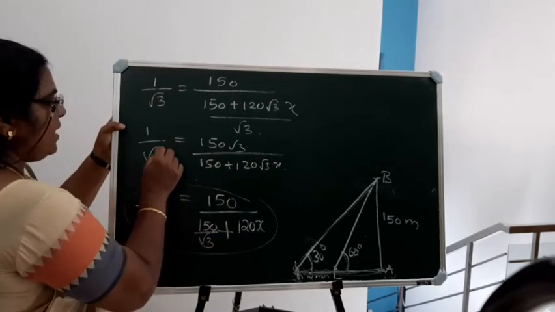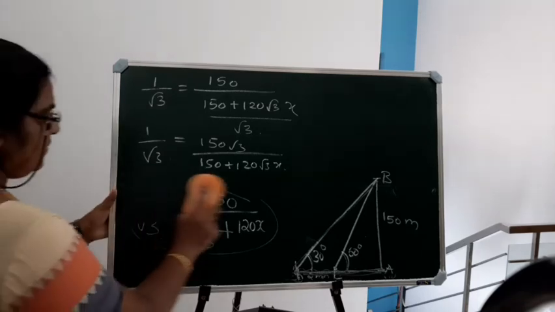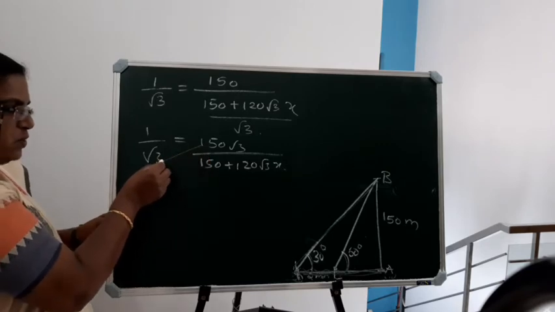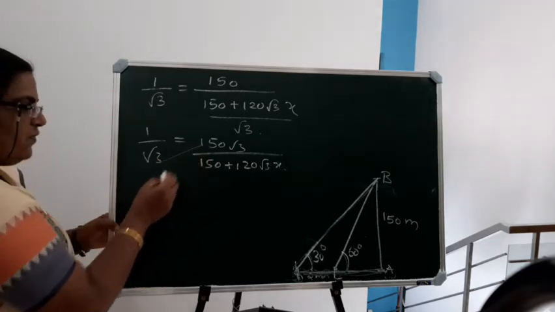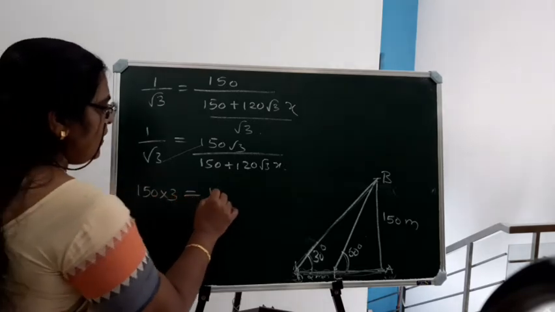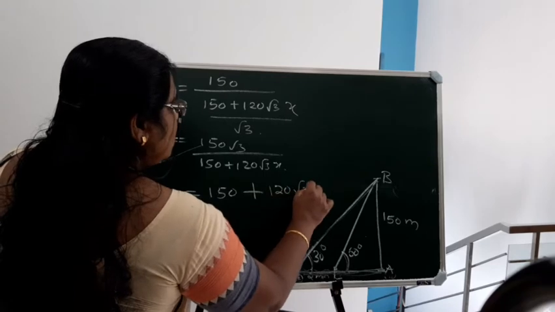This is 1 by root 3, and cross multiplying, 150 into root 3 into root 3, that is 150 into 3. So 150 into 3 is equal to 150 plus 120 root 3 x.